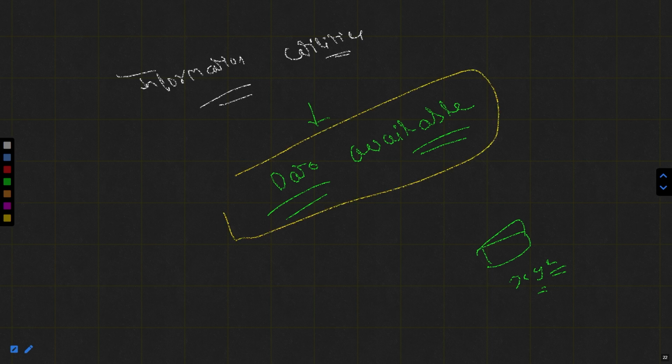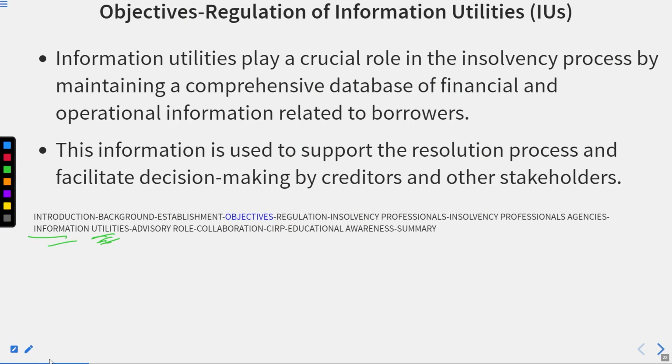And only by going through the data, the insolvency professional will be able to initiate the process of insolvency and the bankruptcy. So the IBBI ensures that the information utilities must be regulated so that the accurate and the correct information will be provided to the insolvency professional so that integratedly and efficiently the process could be carried out.